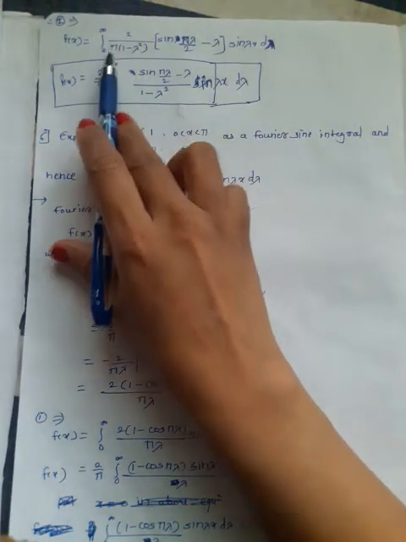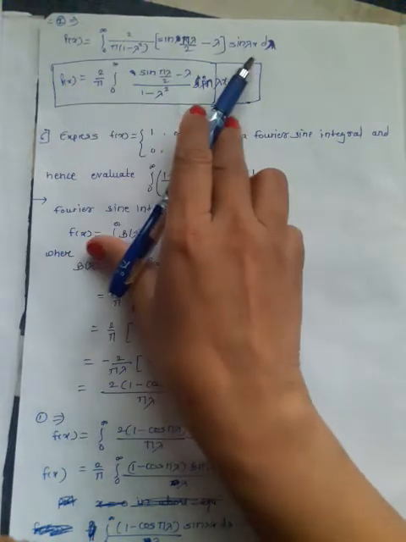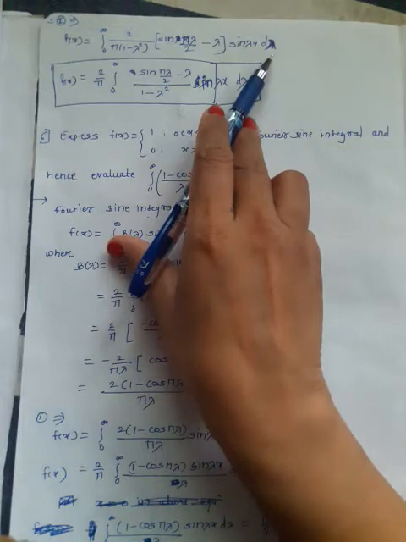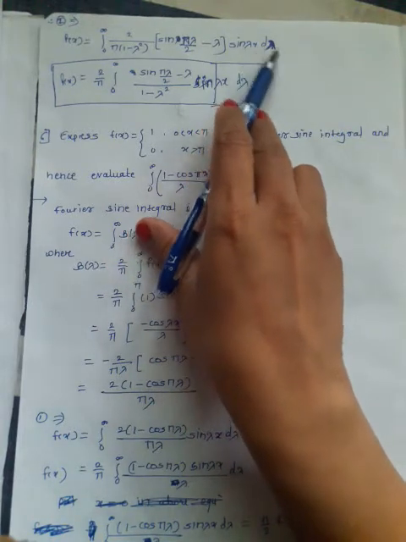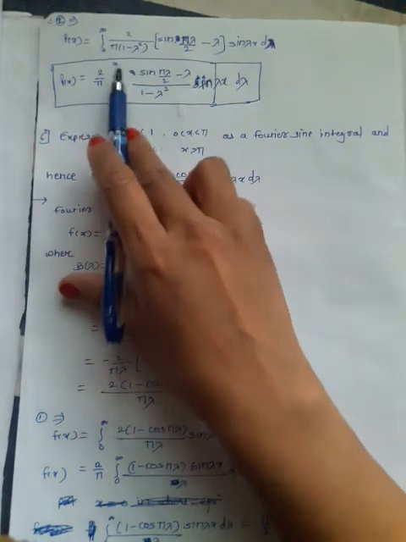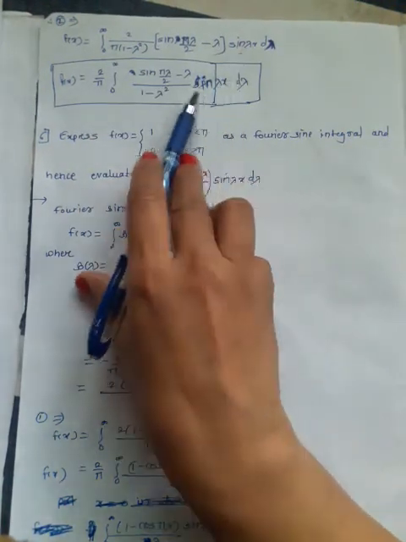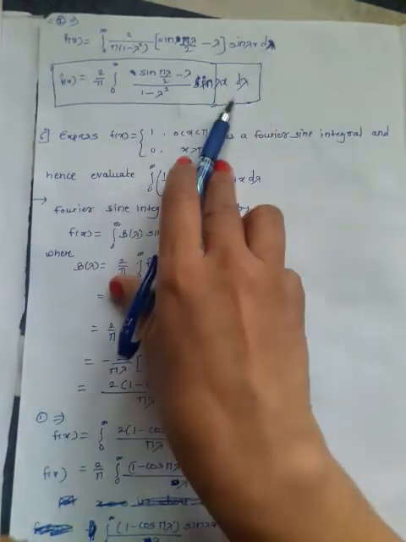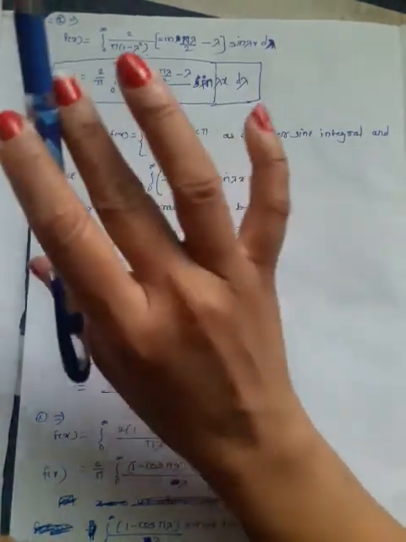Take 2 upon pi. What is the constant? Whatever the variables or constants are there apart from lambda, except lambda everything is constant. That's why take 2 upon pi outside. Integration 0 to infinity, this numerator into sine lambda x upon this denominator 1 minus lambda square into d lambda. This is the answer for our question.